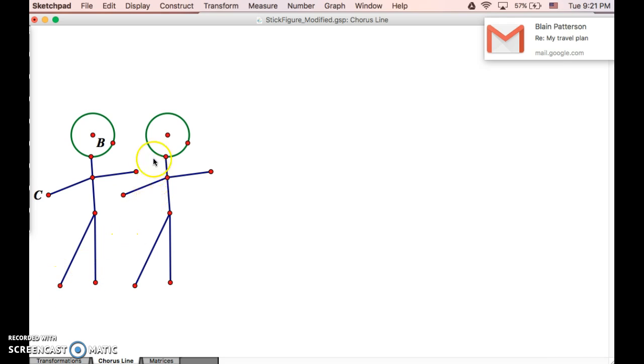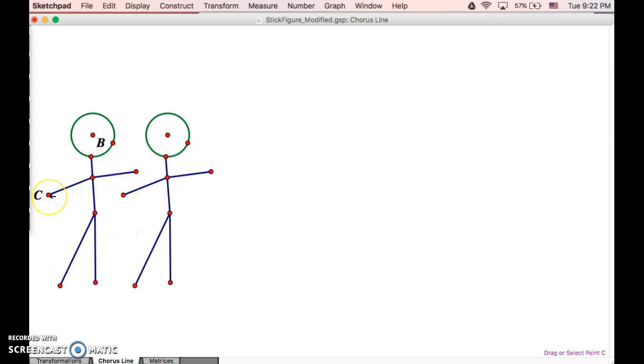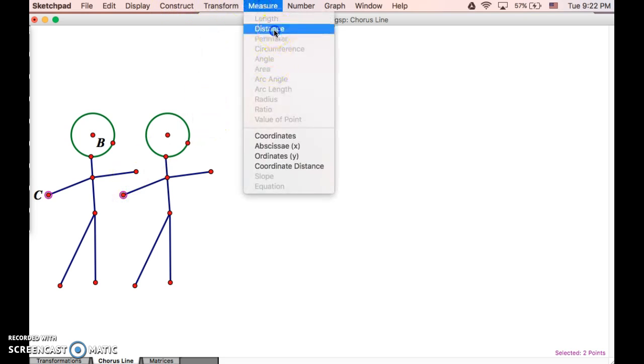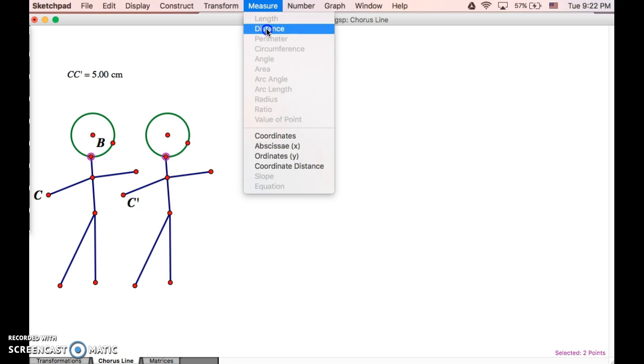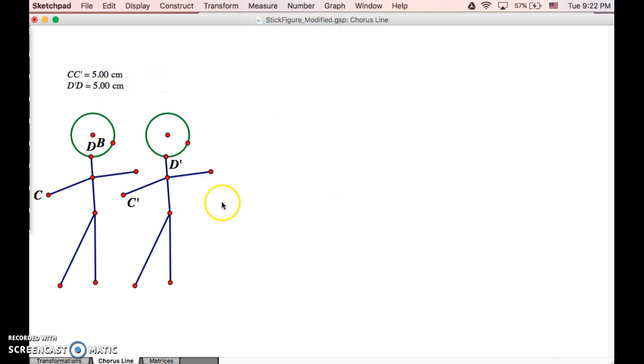Let's see the distances between parts of the pre-image and the corresponding parts of the image. We can measure the distance, and as we expect, it is 5 centimeters, because that's how we constructed it. Measure, test again, 5 centimeters.